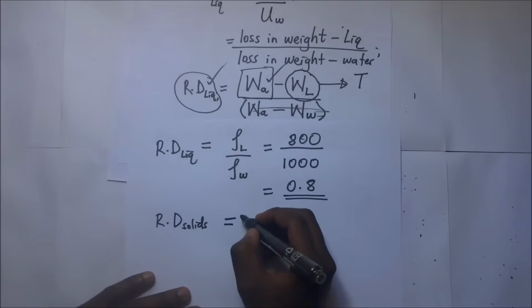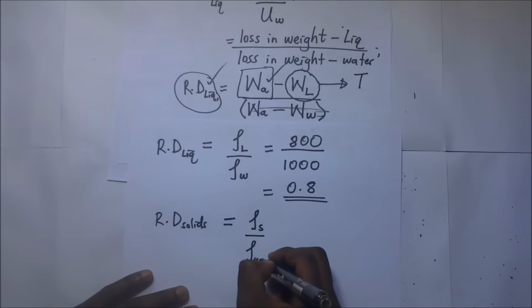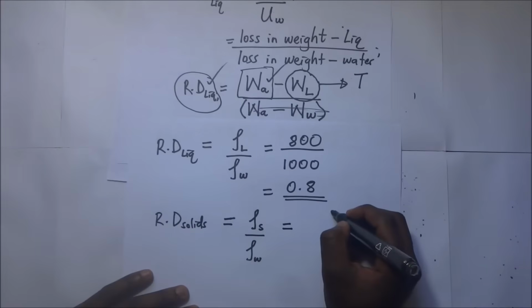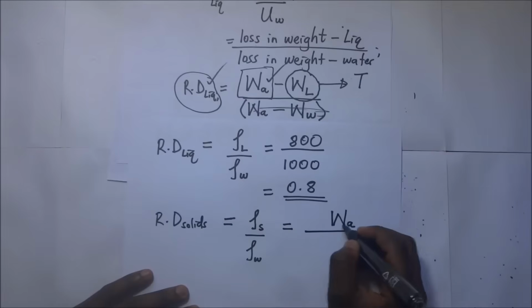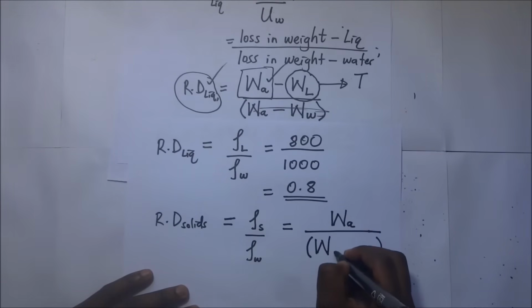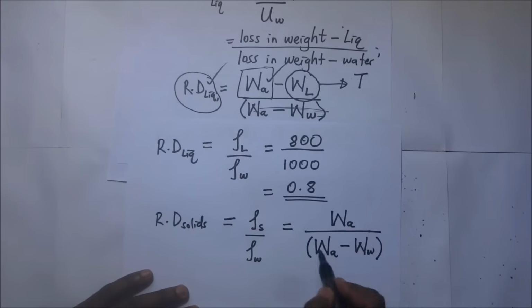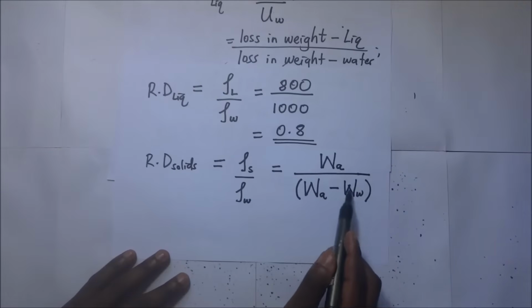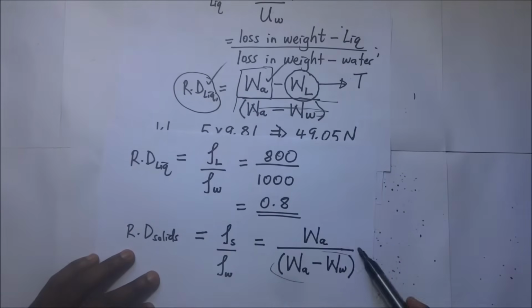We can either say it's the density of the solid over the density of water, or we can say it is the weight of the solid in air divided by the apparent loss in weight of the solid when in water. The apparent loss in weight of the solid when it is in water is WA minus WW. This is what we want.